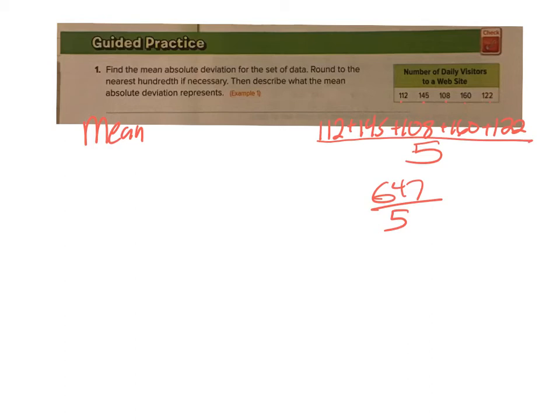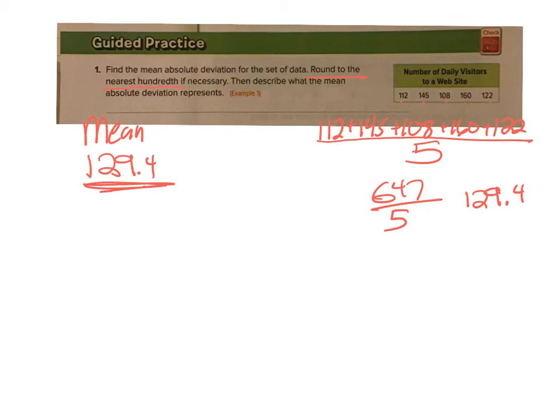So divide that by 5 gets me 129.4. That is my mean. Okay, that's the first step. Finding the mean of the data set, the average. 129.4. Okay, we're going to round this to the nearest hundredth. We're good on this one.